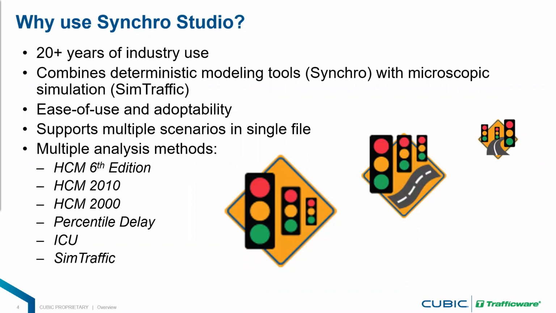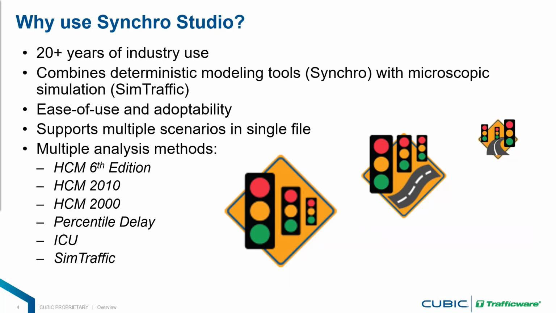Synchro Studio has been in the industry for more than 20 years. It combines the deterministic modeling tool Synchro with the microscopic simulation tool SimTraffic, which I just mentioned in my previous slide, right? This is a very easy to use software, and it's highly adaptable to many different scenarios. Starting from version 11, Synchro supports multiple scenarios in a single Synchro file.